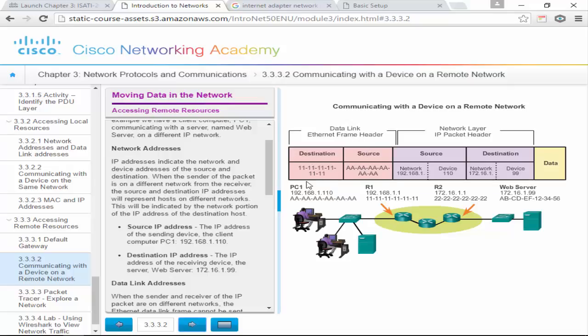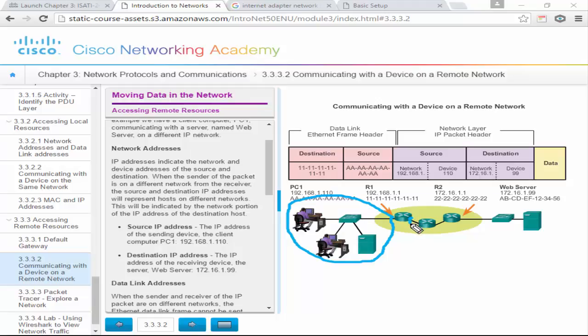So layer 2 addresses are only LAN local. Remember, this is a LAN, and these devices only use ARP within their network. It stops right here, this is a broadcast domain where the broadcast stops, right?